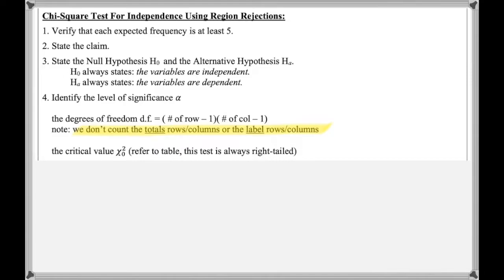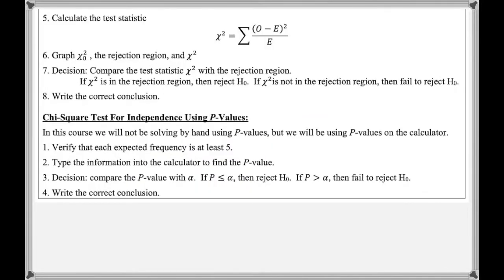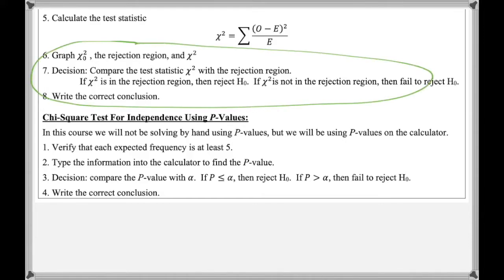Now, just like the previous chi-square test, chi-squared is equal to the sum of the observed values minus the expected values squared divided by the expected values. The last 3 steps are also the same.